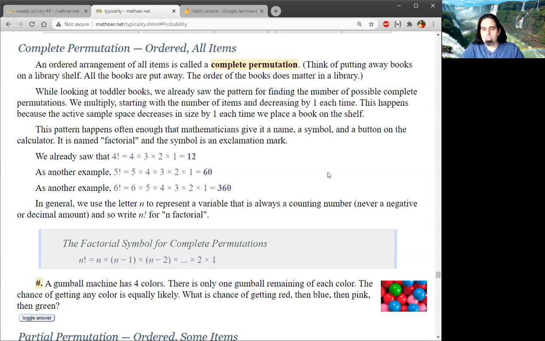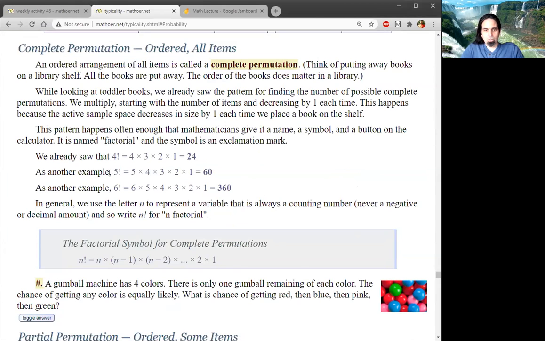So this pattern happens often enough that mathematicians have given it a name, a symbol, and even a calculator button. It's named factorial, and the symbol is an exclamation mark. So what we saw already was called 4 factorial, 4 times 3 times 2 times 1. That should be 24. Let me fix that real quick. Sorry about that. Okay, there we go.